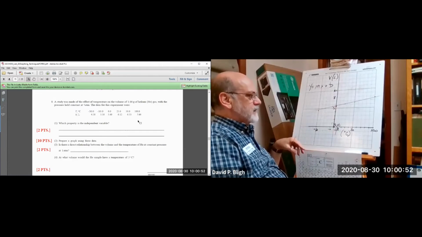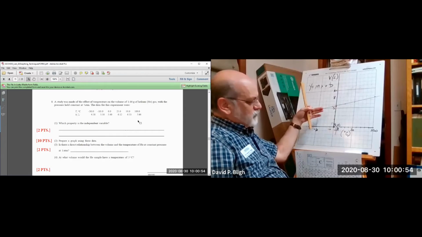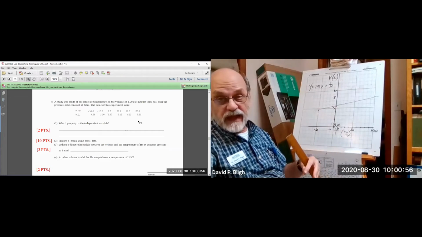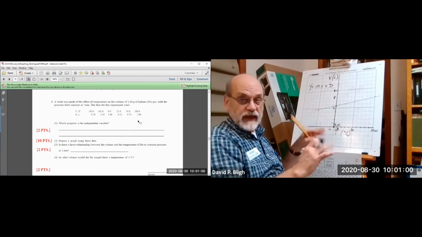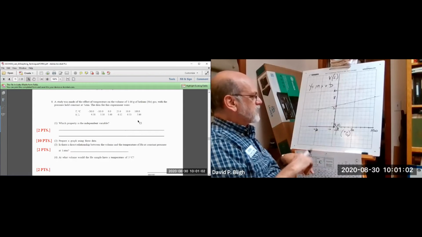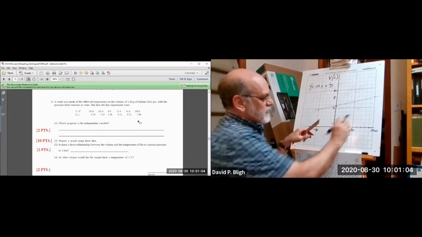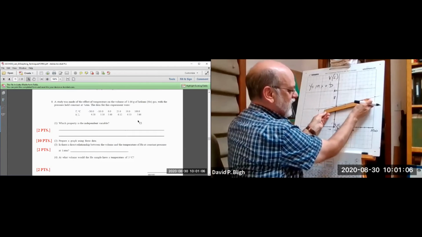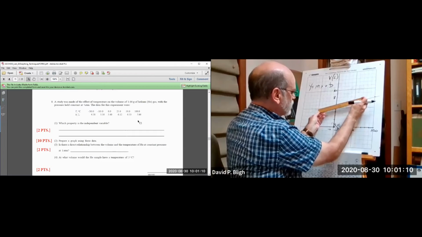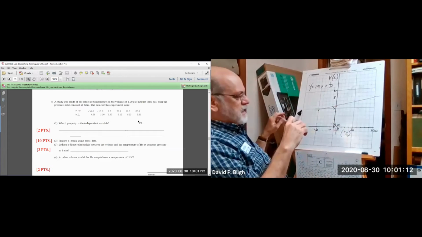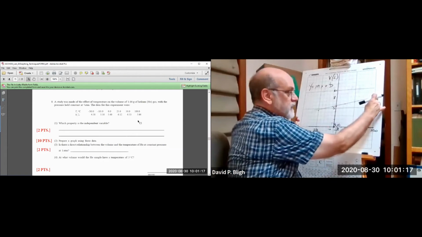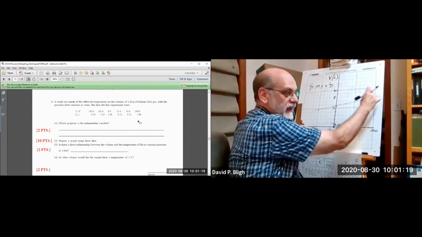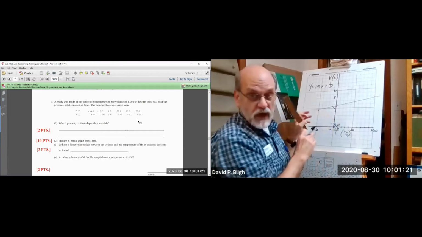So how do you do that with points that don't land directly on that line? Well, it's not easy. There are statistical methods for doing that, but we can have a pretty good estimate. If we adjust this line to say, tilt a little bit to get close to that one and close to this one, we could say, okay, we're going to assume that this marks one end of the line and this marks the other end of the line.